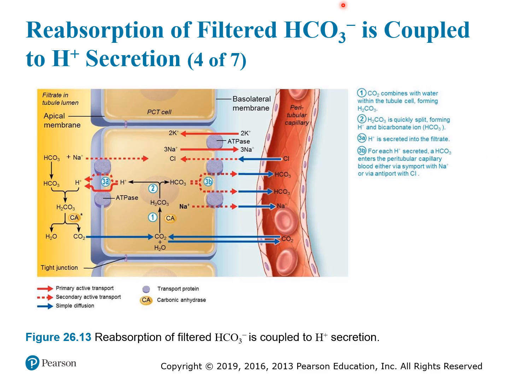After it's split, this hydrogen ion is secreted into the tubular lumen, and for each hydrogen ion secreted, a bicarbonate ion is absorbed into the peritubular capillary, and it enters via a symporter with sodium or via an antiporter with chloride. This is the symporter, the bicarb and the sodium are both going in, and this is the antiporter. The bicarb is going this way and the chloride ion is coming that way.